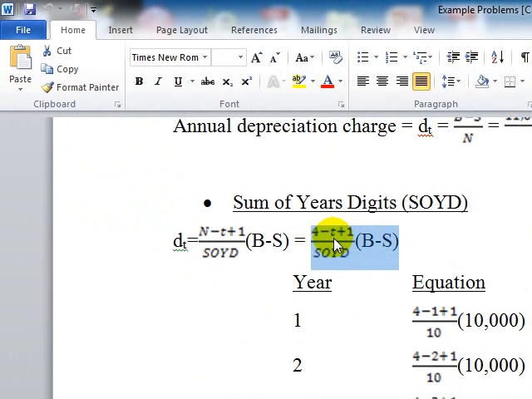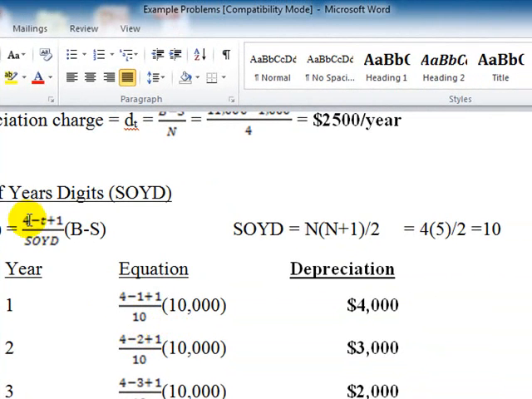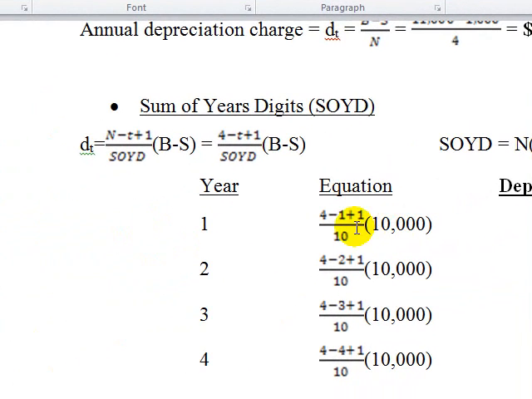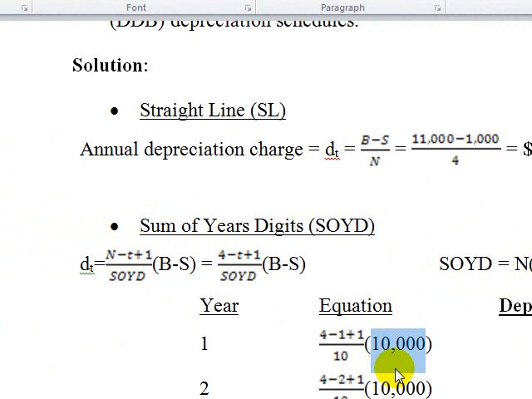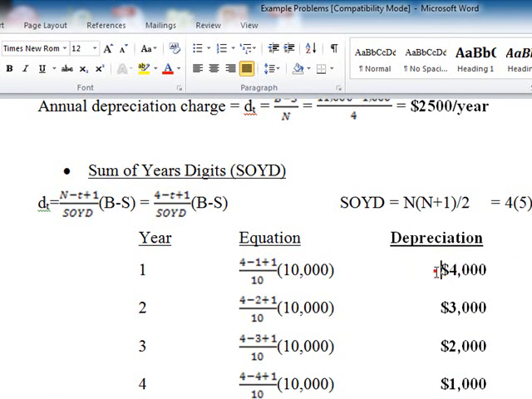We replace the value of T as 1 because we are talking about year 1. So 4 minus 1 plus 1 divided by SYD, which is 10, right? Multiplied by 10,000, B minus S. 11,000 minus 1,000, 10,000, right? So if we calculate that, we get the value 4,000.